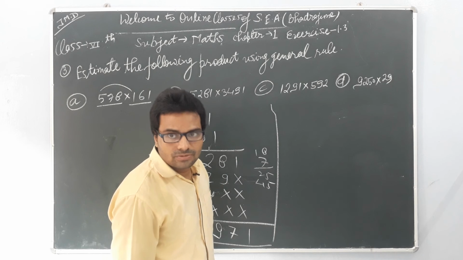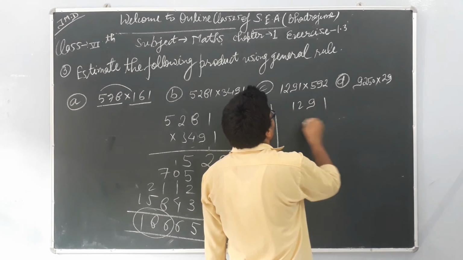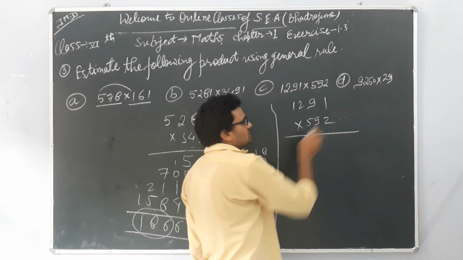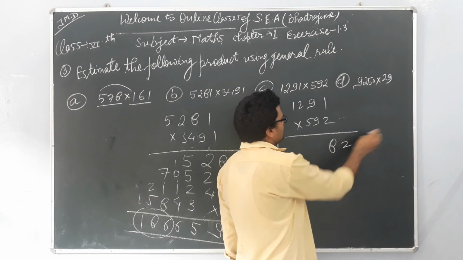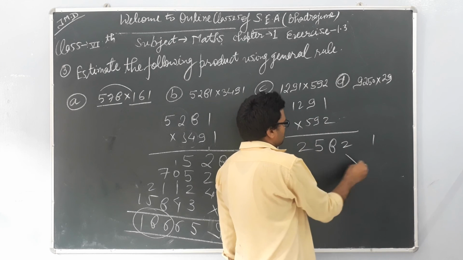Okay, now what is our part C? Part C is 1291 multiplied with 592. If we go for multiplication, then 2 1s are 2, 2 9s are 18, 1 carry, 2 2s are 4 plus 1 is 5, 2 1s are 2.